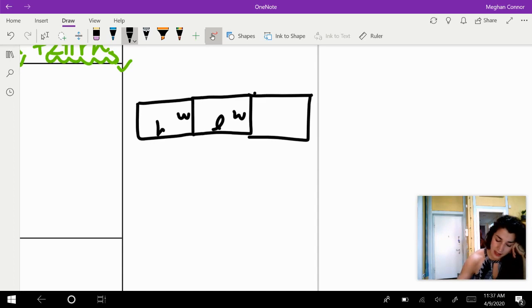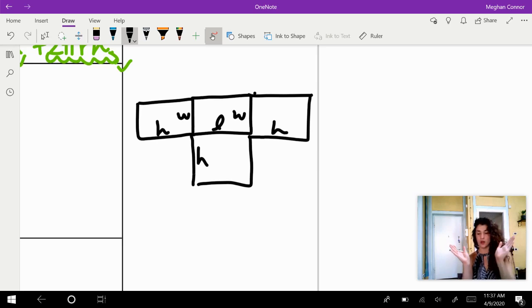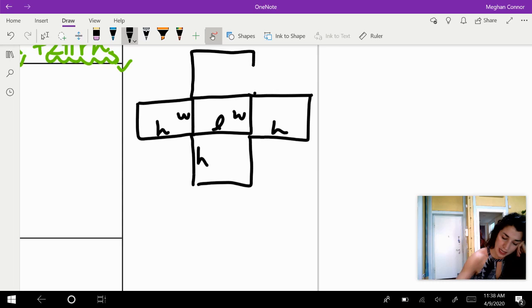This guy right here is H. And then we've got L, and then this guy has to be H. Think about those 2 corners folding up onto each other to make the corner of the prism. Maybe think about it from that direction. So that's L times H, and then this guy up here will also be L times H.